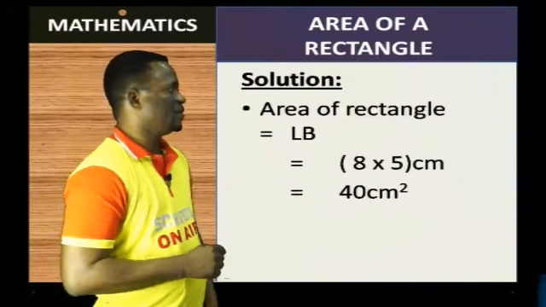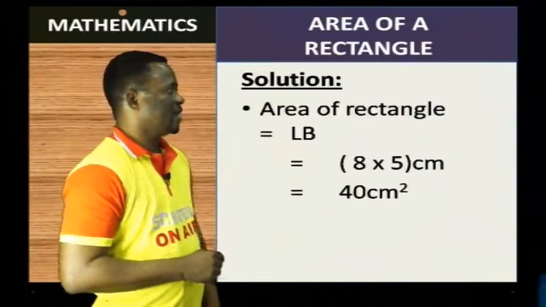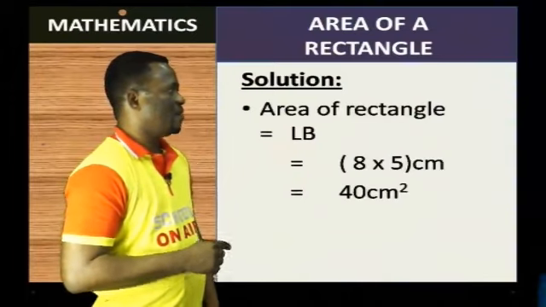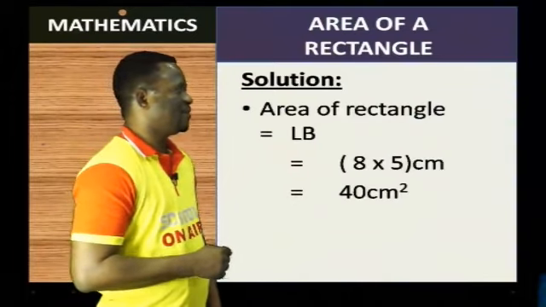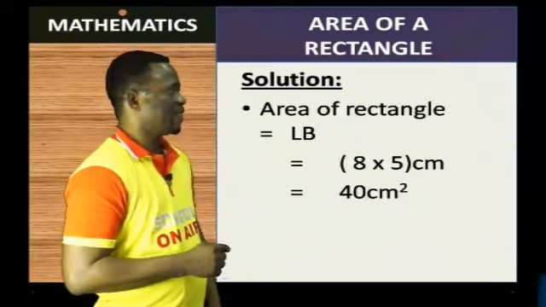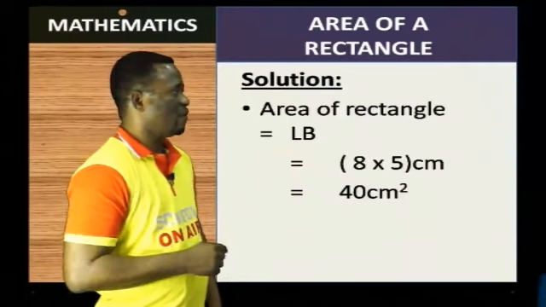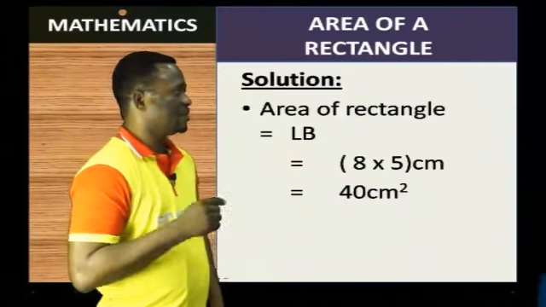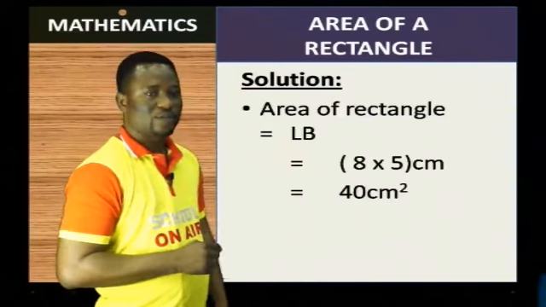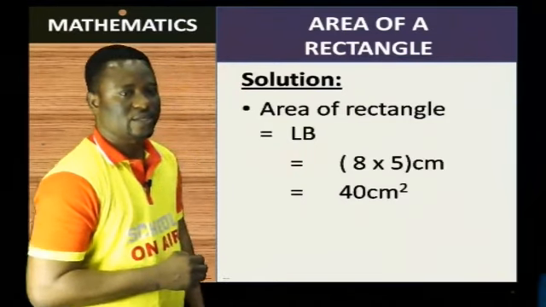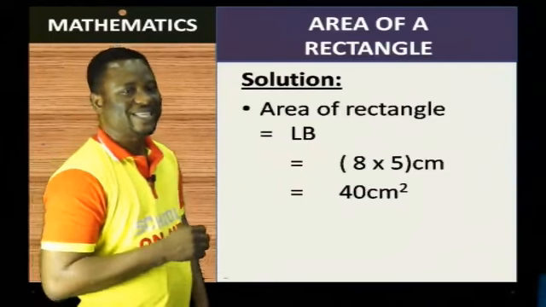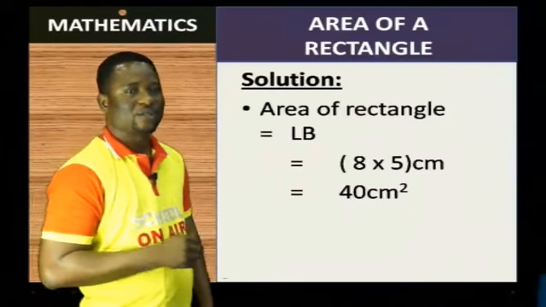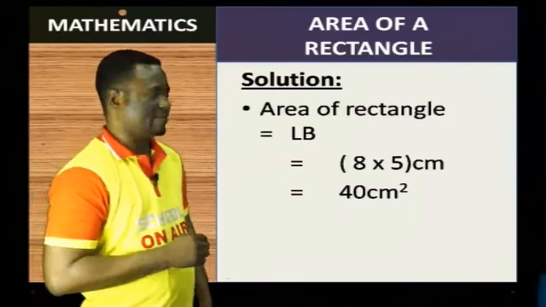Area of rectangle is equal to LB. Our length is 8, our breadth is 5. So we multiply 5 by 8 and we get 40 centimeter squared. This one is also 40 centimeter squared because what we are calculating is area and not ordinary length.